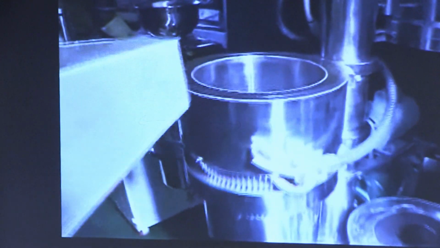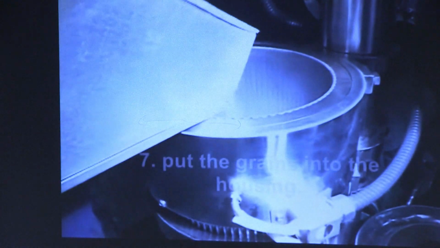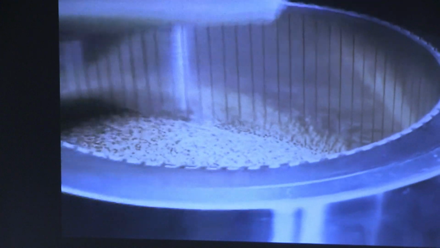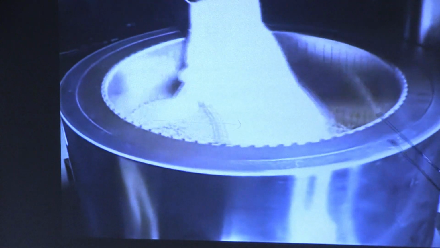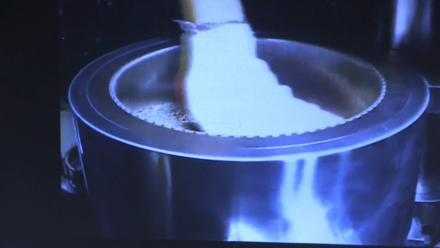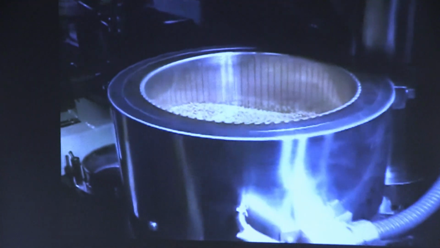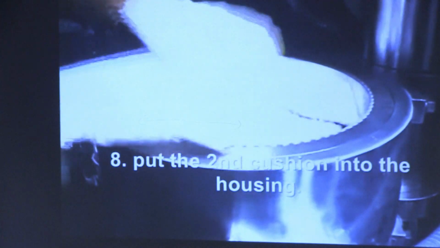You saw the filter. They pour the sesame seeds. Everything is stainless steel. You see the lines there. There, the oil will leak out. Another filter.